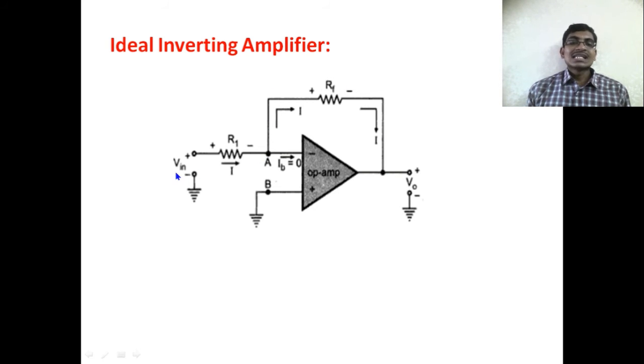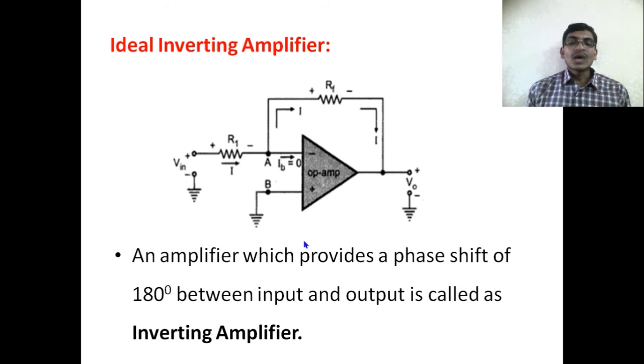Vin is the input voltage for our op amp and V0 is the output voltage, I is the current flowing in the R1 resistor, and IB is the current flowing into the operational amplifier, which is approximately equal to 0. Therefore, at this node A, if you apply KCL, then the entering current is I and the leaving current is also I, because the input current for our op amp is 0.